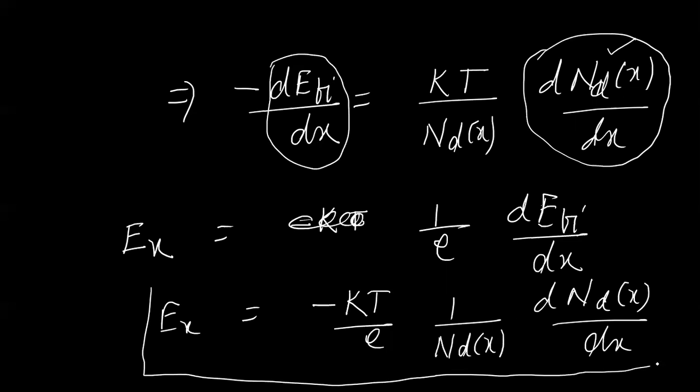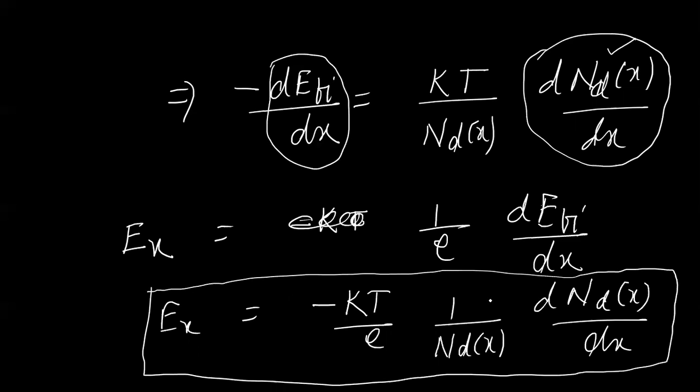Considering that the doping is non-uniform, and there is a concentration gradient, a density gradient in the semiconductor, this amount of electric field will be induced. This induced electric field depends upon what? The minus kT by E is constant at a certain temperature: K is constant, E is constant. 1 by Ndx is the variable here.